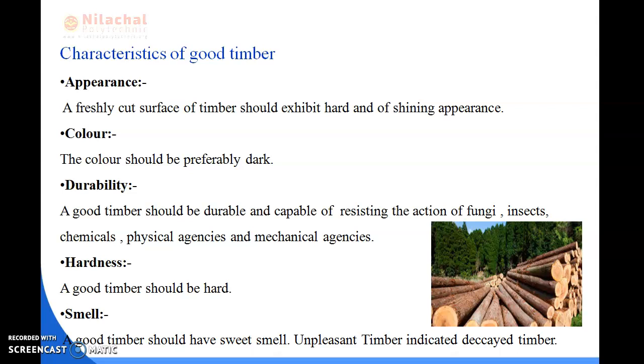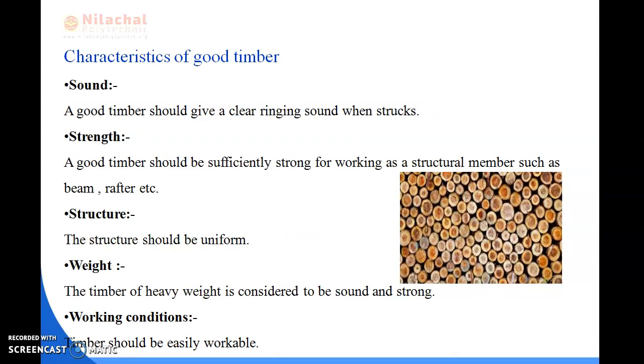And next is smell. If we cut a fresh tree, it will give a sweet smell. Okay. If we keep the tree or the timber for a very long time, then it gives an unpleasant smell, which indicates that it is decayed timber. So next is sound. It gives a clear sound when struck with each other.